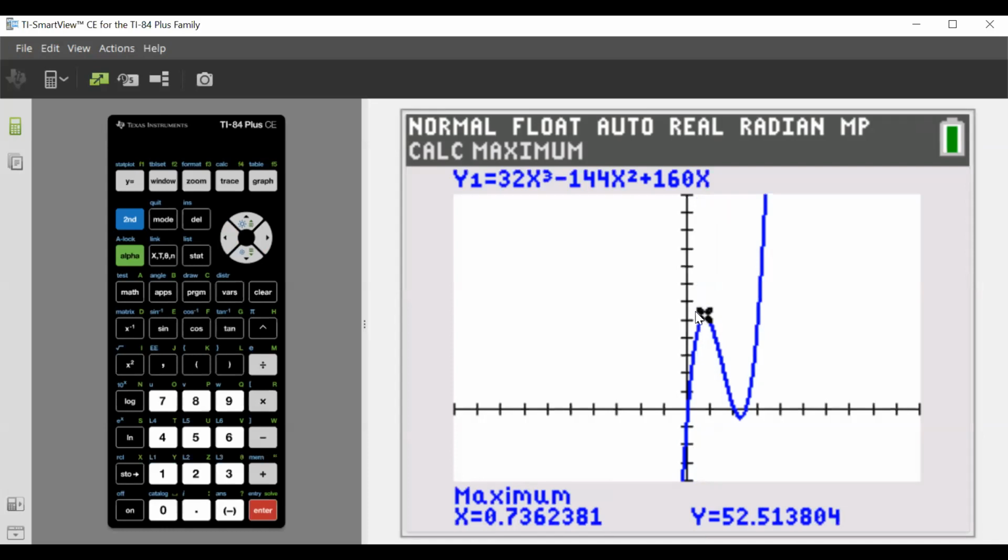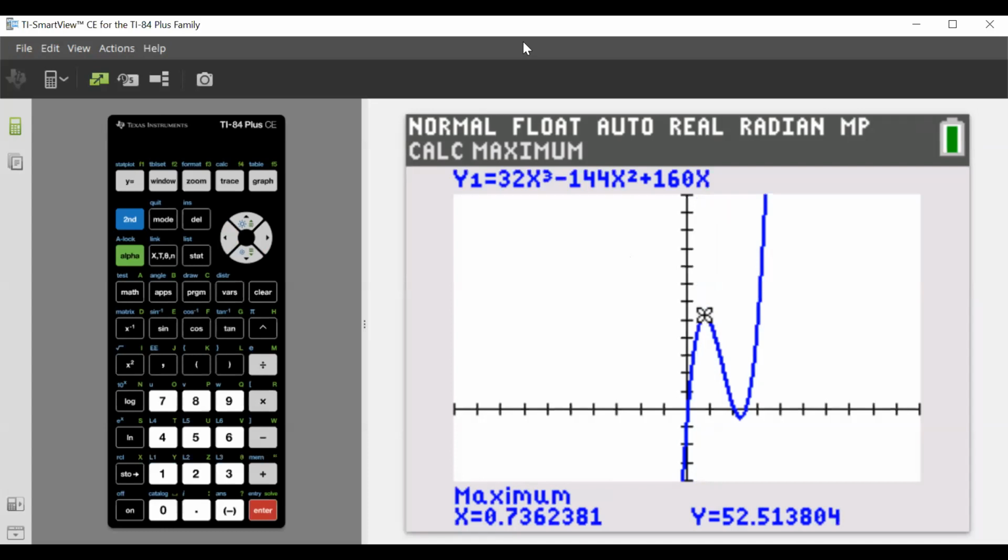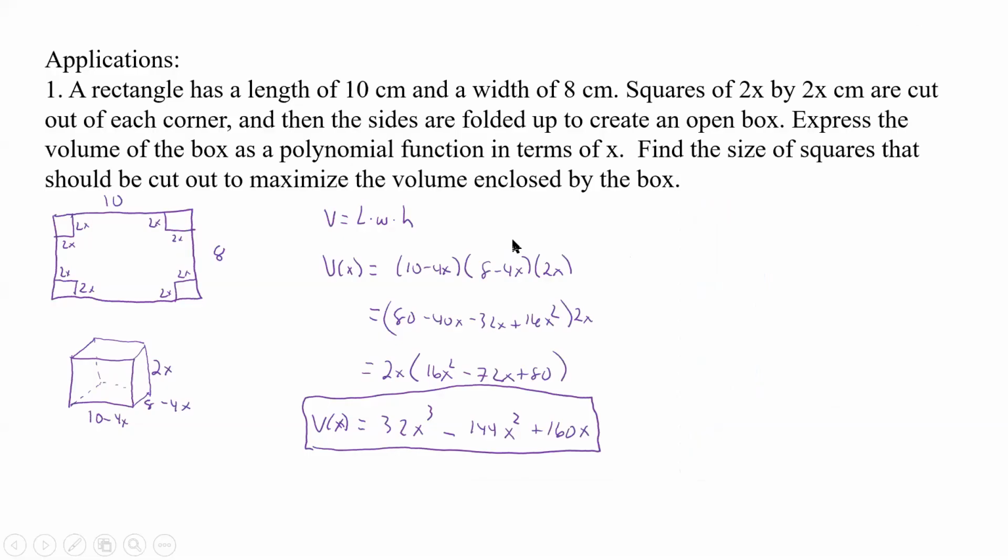So now let me see, do I have this written down? I do. So now what we need to do is go back to our other page. It said that for our function, x was equal to roughly 0.74, and there's some more, but I'm going to round it to 2 decimal places.